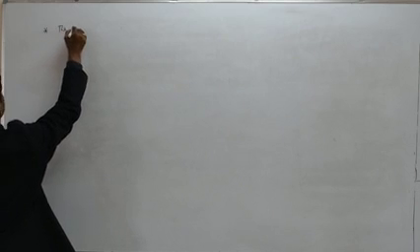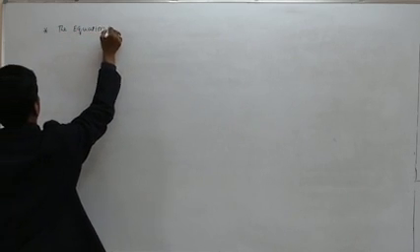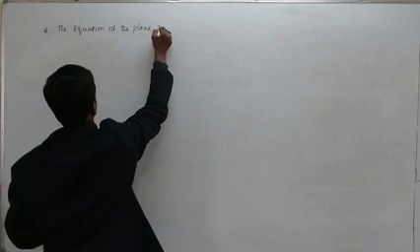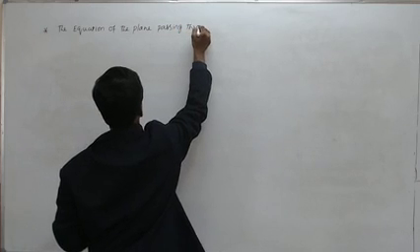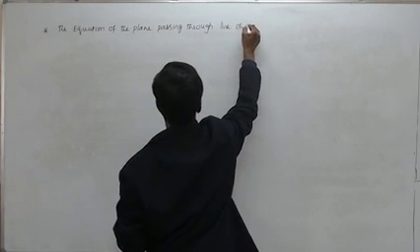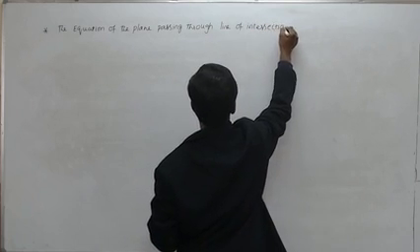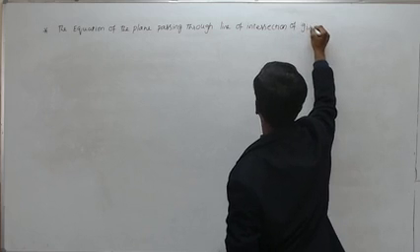So the equation of the plane passing through the line of intersection of given two planes.